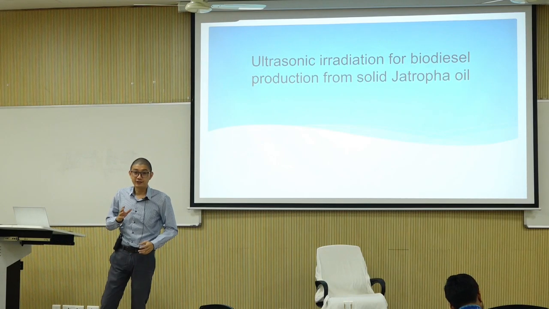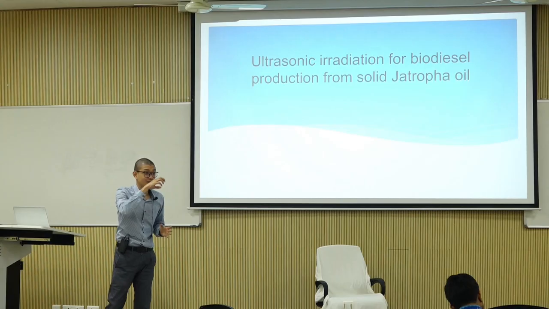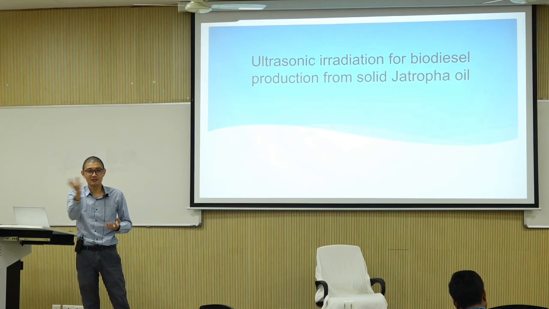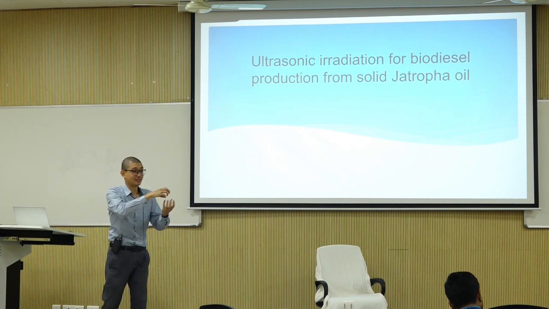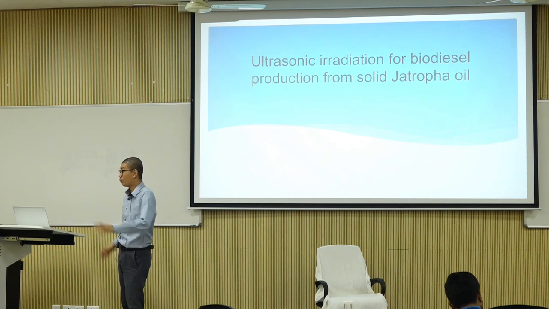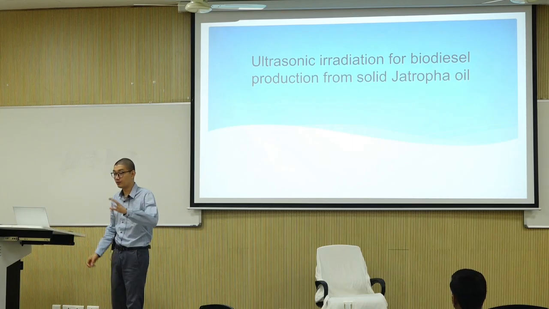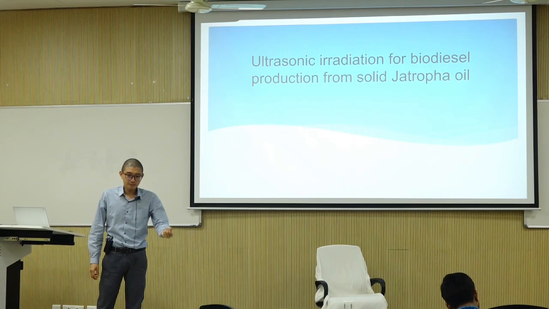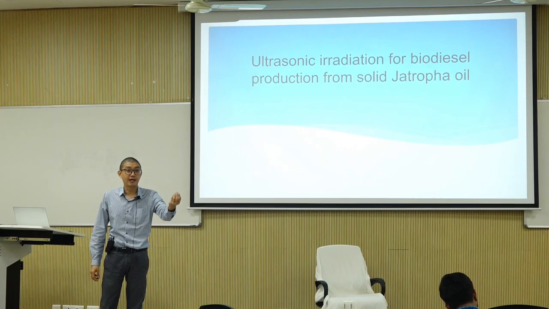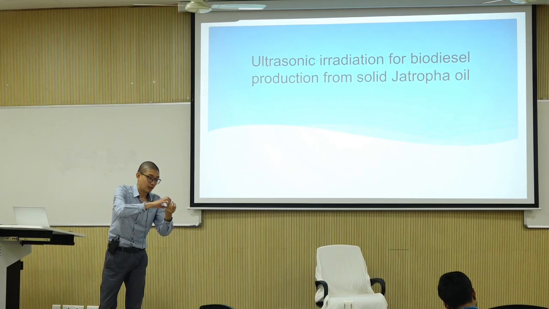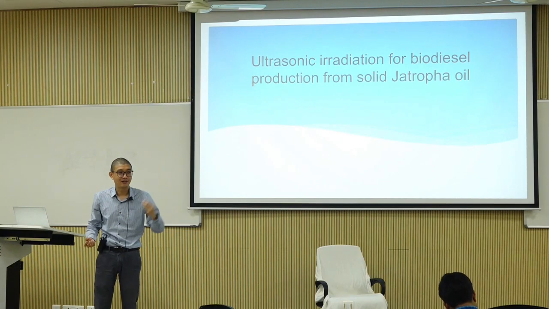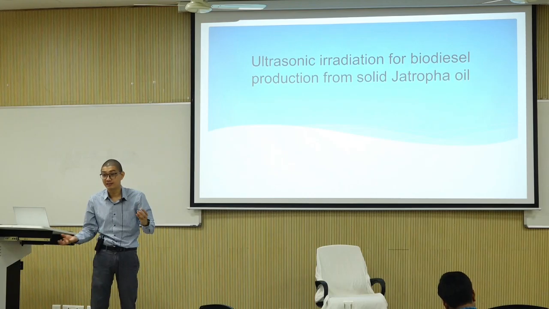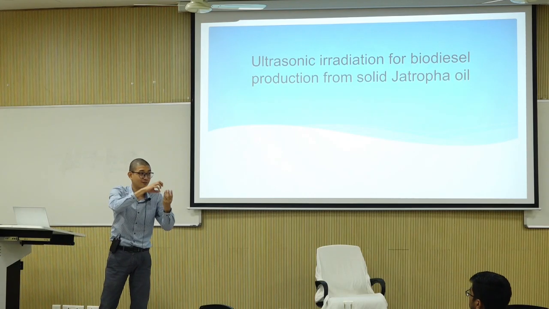Second, you can use chemical solvent extraction. For those who are chemistry students, you know the solvent extraction process. What is solvent extraction? For example, you have a certain biomass and you want to extract the oil content. Then you take a solvent that can absorb the oil content.